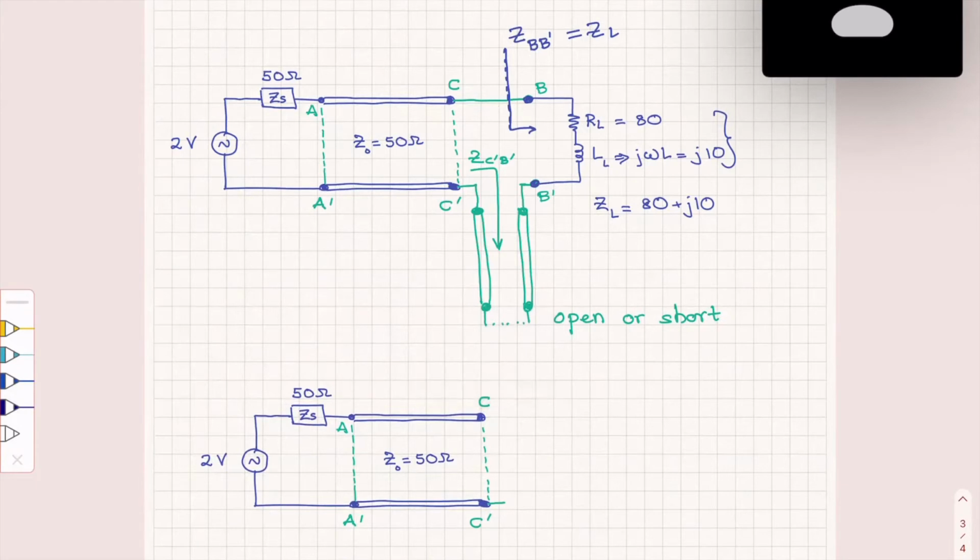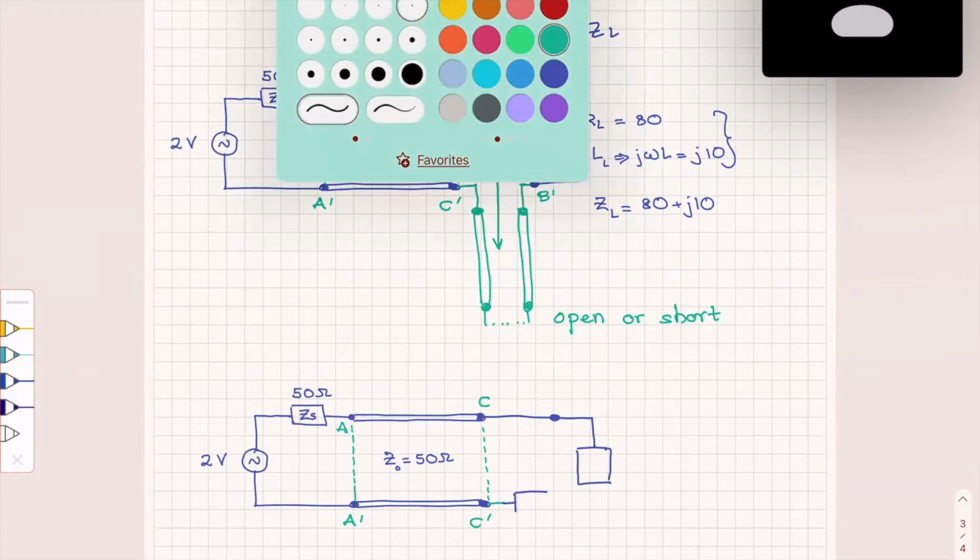One is here, and the other is here, and it's green rather, this one.